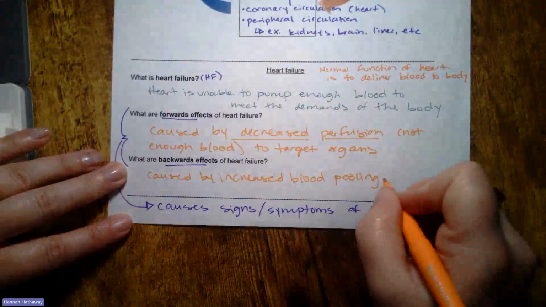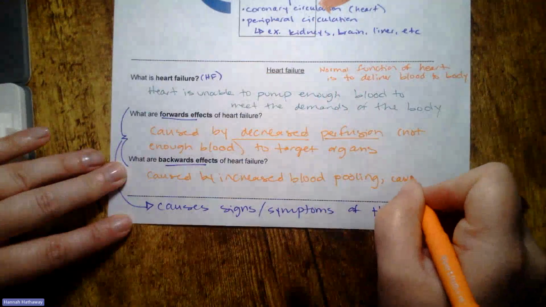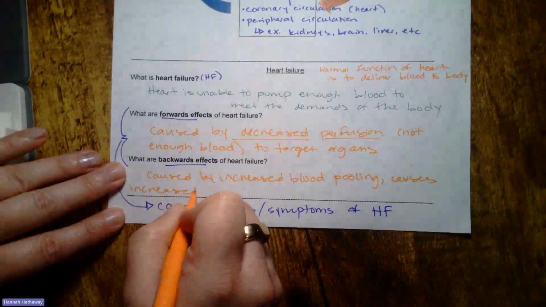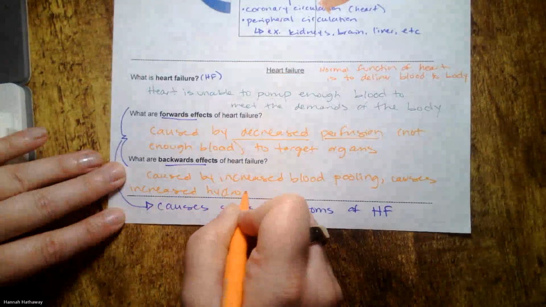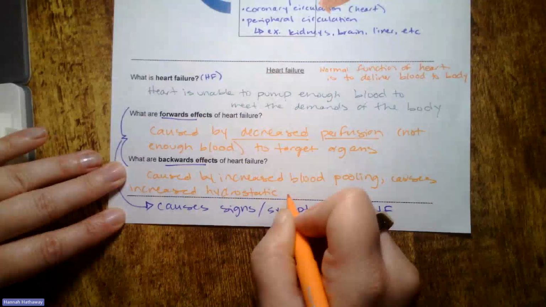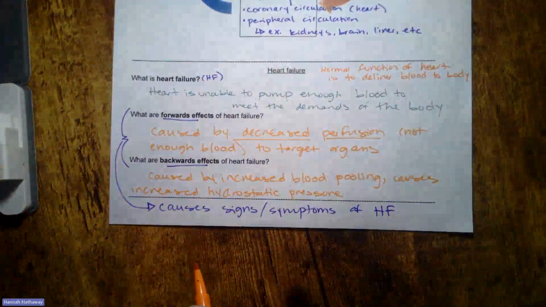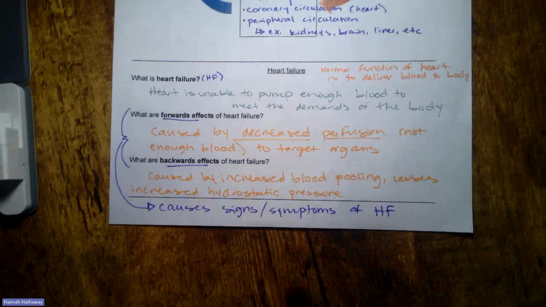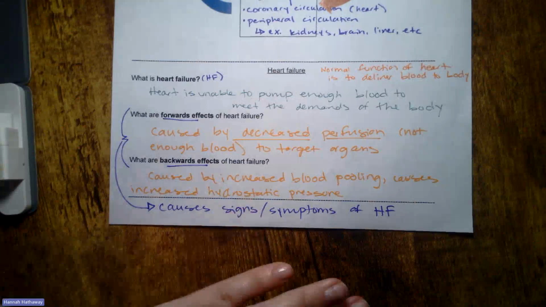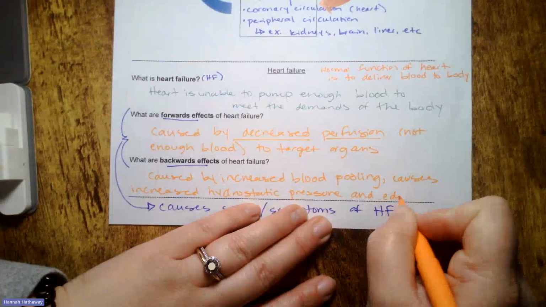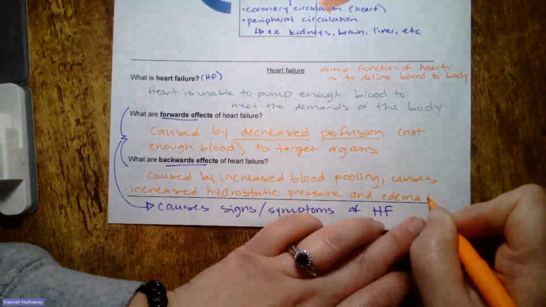And that increased blood pooling causes increased hydrostatic pressure, which means essentially it's like the fluid is getting pushed out of the blood and into the tissues. And that increased hydrostatic pressure is going to cause edema, which is another way to say swelling.